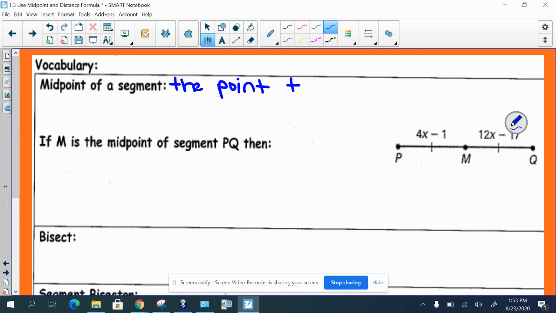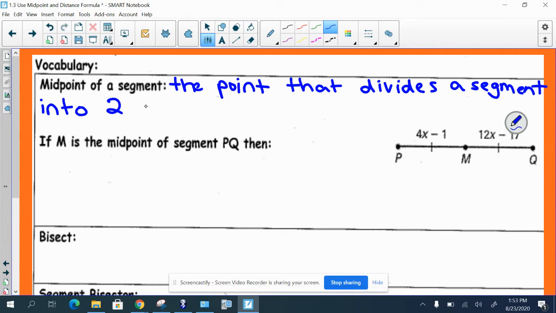So it's the point that divides a segment into two congruent segments, and if you want, you can start using the symbol for congruence in your notes, which is an equal sign with a squiggle on top. This symbolizes congruence.